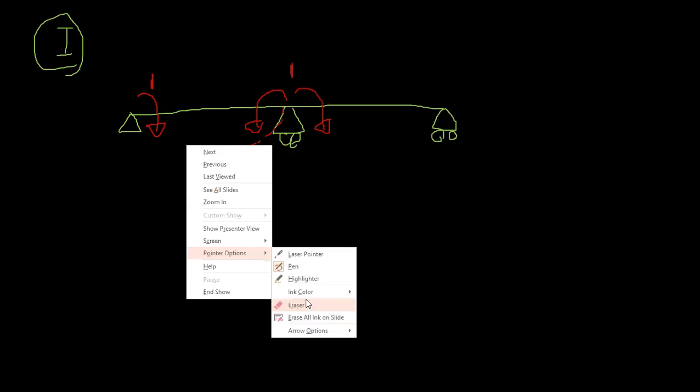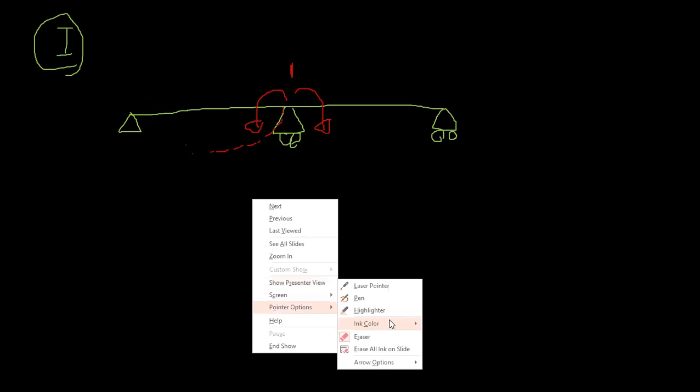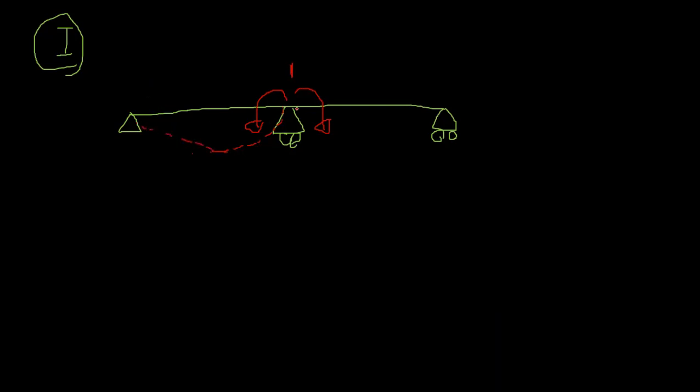Not here only, you are applying unit moment at first coordinate. So you can determine this theta. So if it is alpha, this is also alpha, and this is also alpha, right? Let's say this is beta.